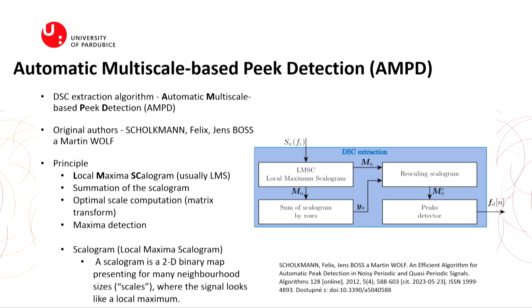It is a 2D binary matrix where each row corresponds to a certain neighborhood size, they call it scale, and each column to a sample index. And it is binary, so where there is 1, it indicates that the point looks like a local maximum, and where there is 0, it does not look like a local maximum on this scale.